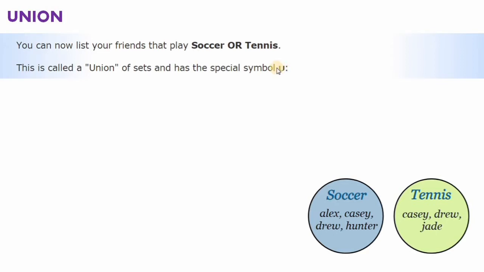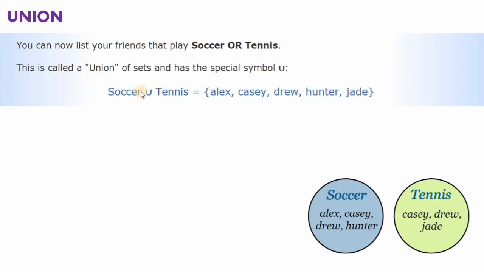Now what's the meaning of this? Let's try to understand. Soccer union tennis. You want to list the friends who play soccer or tennis. You see Alex, Cassie, Drew, and Hunter. These four are the people who play soccer. Now, the people who play tennis are Cassie, Drew, and Jade.